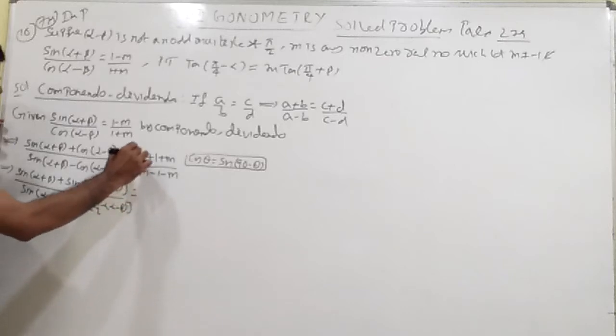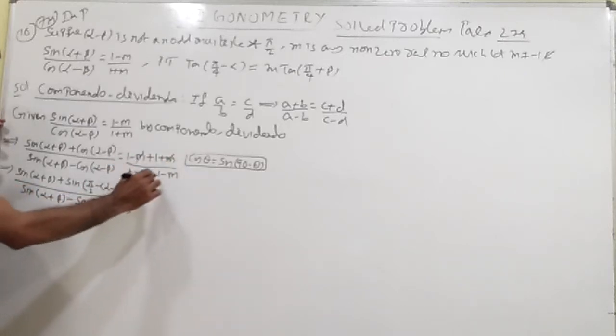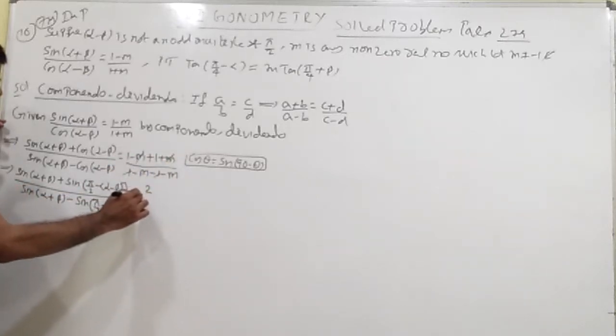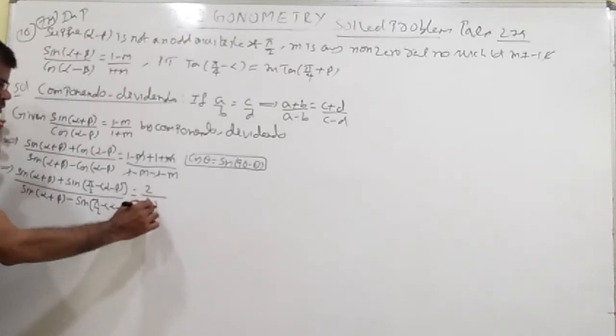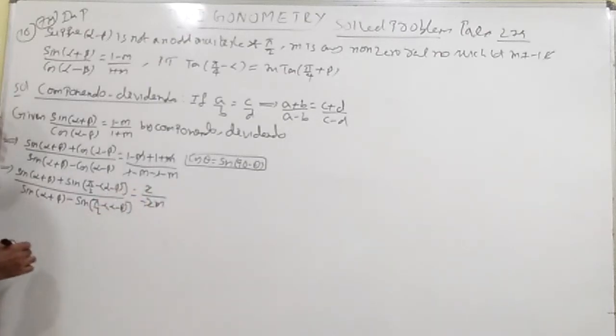That is equal to, here minus m plus m get cancelled, and 1 minus 1 get cancelled. So 2 by minus 2m, and the 2 get cancelled.